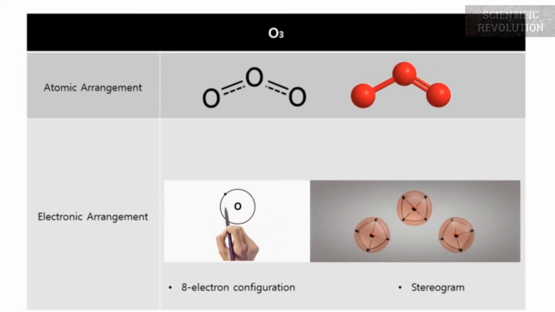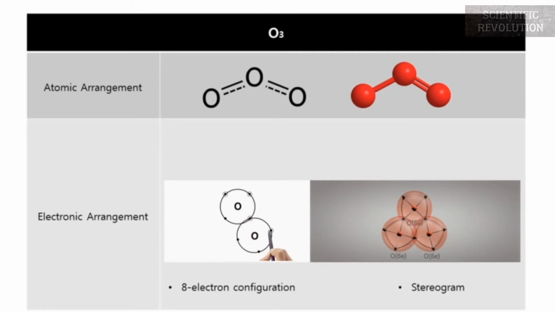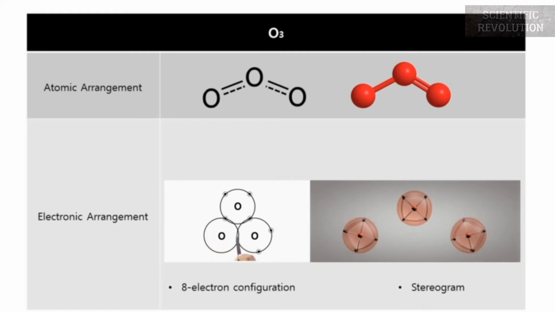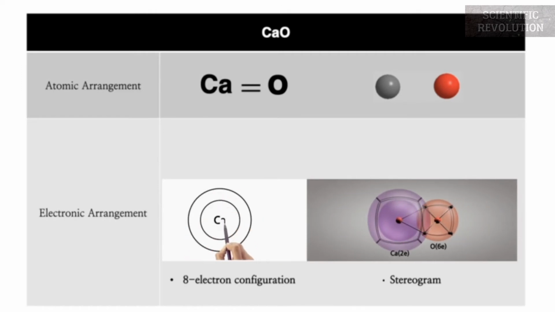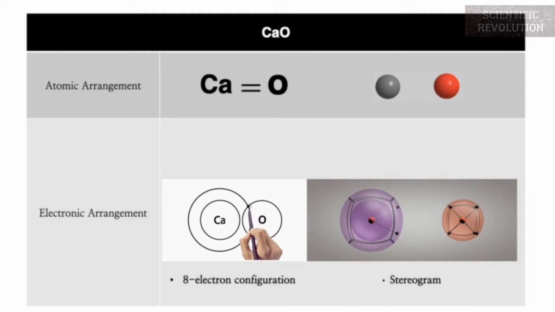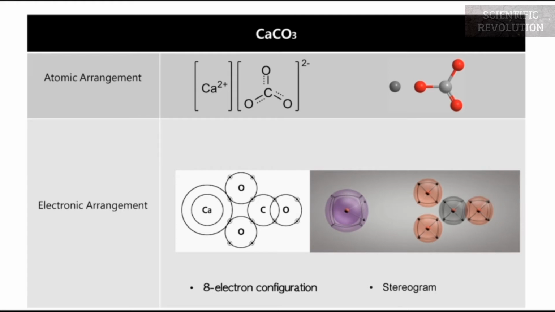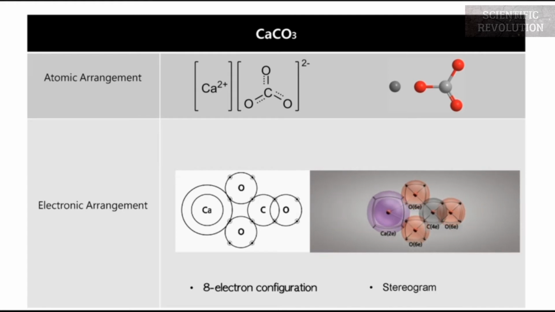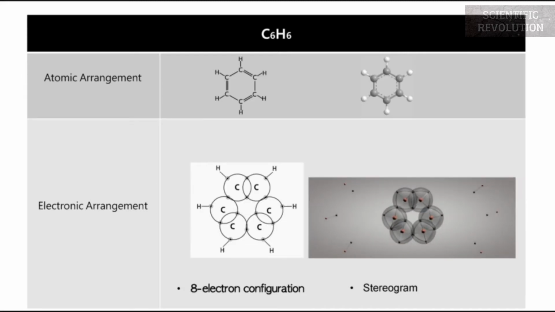O3. CaO. CaCO3. C6H6. In this way, each atomic nucleus is surrounded by 8 electrons and becomes stable.